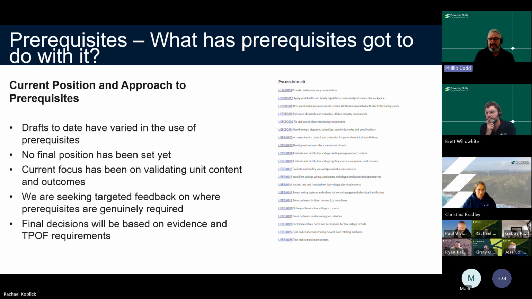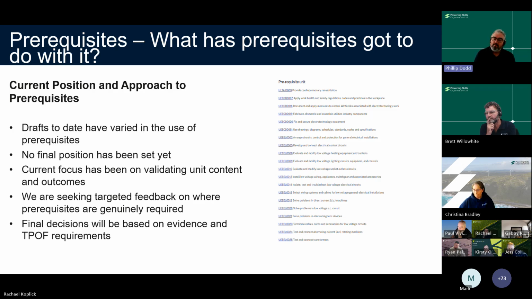In most cases, they weren't. And the TPOF is very structured in what it says now and what we can and can't do. It's very clear that a prerequisite must be essential to achieving the competency of the unit, and it's not about controlling sequencing.